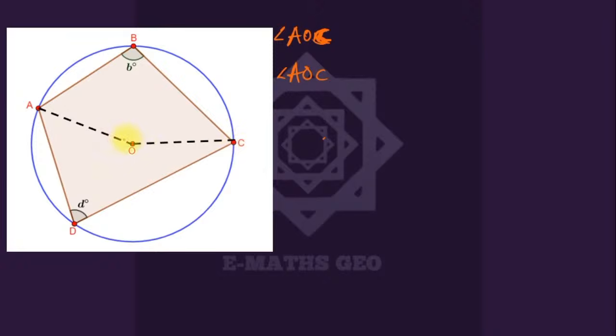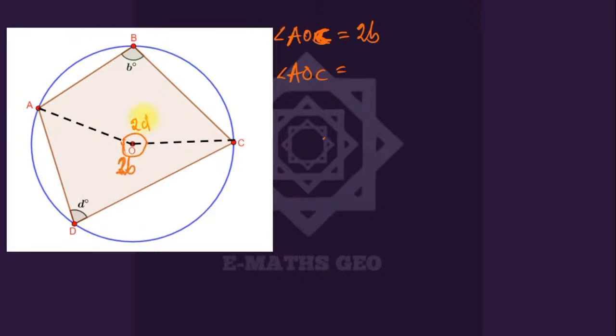So we have this angle and this angle. From our inscribed angle theorem, the major arc will be 2B. As you can see, this is 2B, while the minor is 2D.